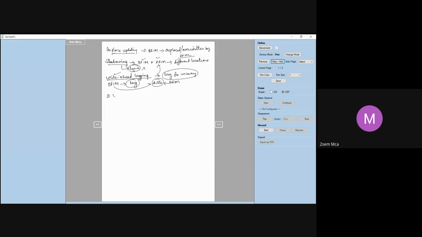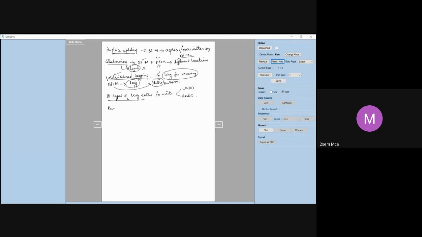Actually, there are two types of log entry information for a write command. Whenever you want to do a write command, there are two types of log entry that you can make. What is the information that is needed for undo, and what is the information that is needed for a redo?